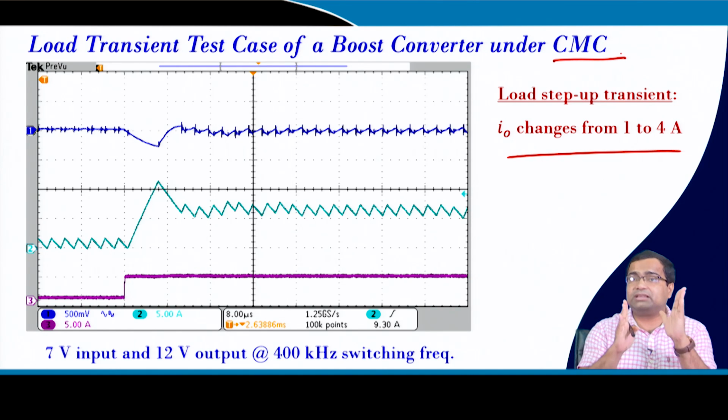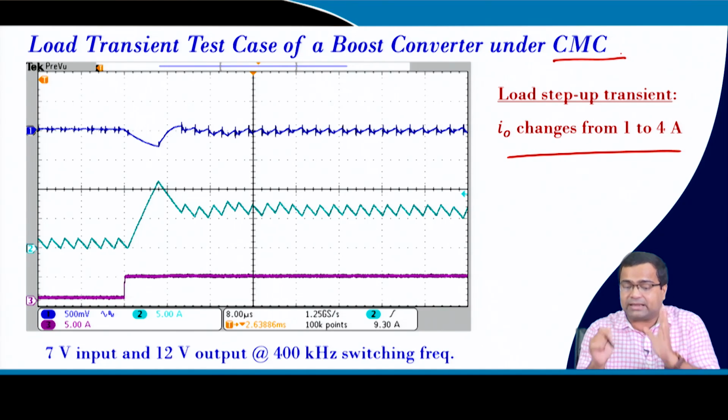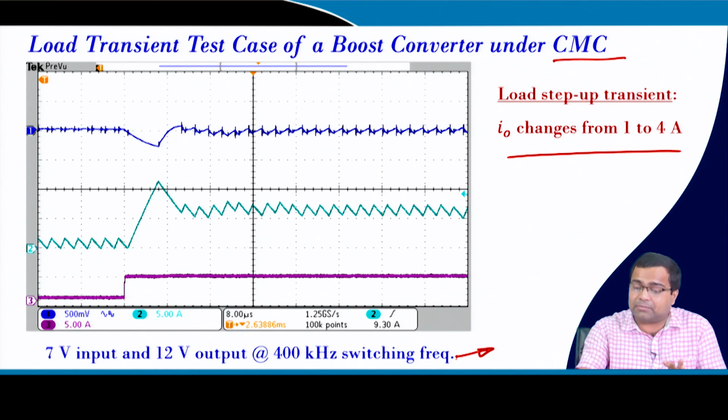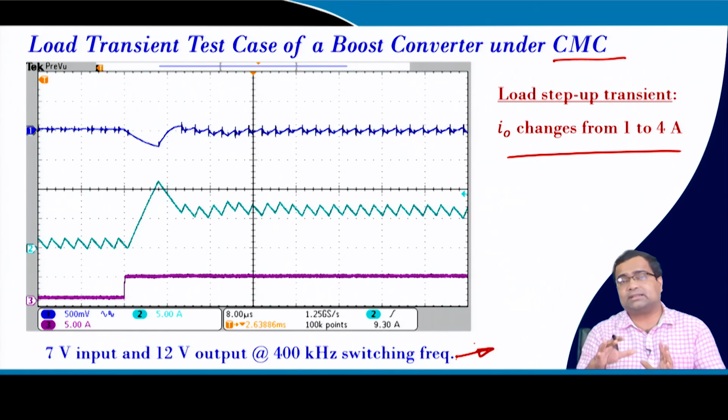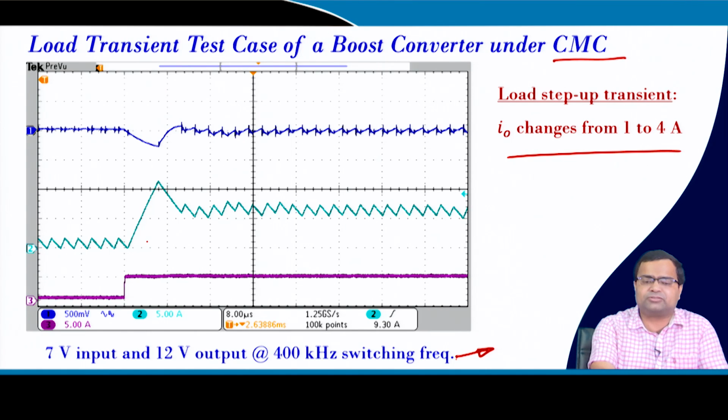Even in current mode, your performance will be limited because of the right half plane zero, but here we have applied some large signal based controller design, which we will discuss at the end of this course, and you could achieve super fast performance of the boost converter.